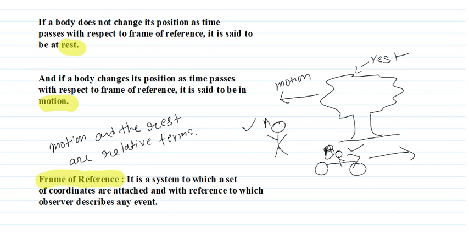Both observations are valid. So motion and rest are relative terms. Frame of reference means reference point or surrounding. Surrounding is a basic term, reference point is also a basic term, and frame of reference is a broader term because it gives you a quantitative description of any event.